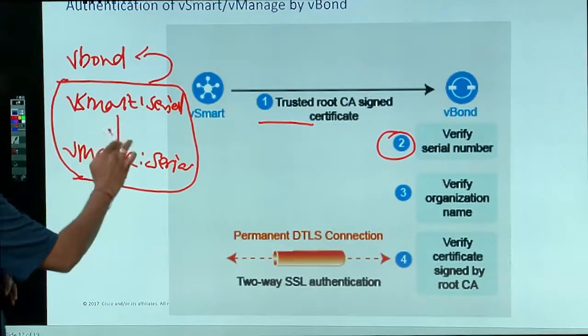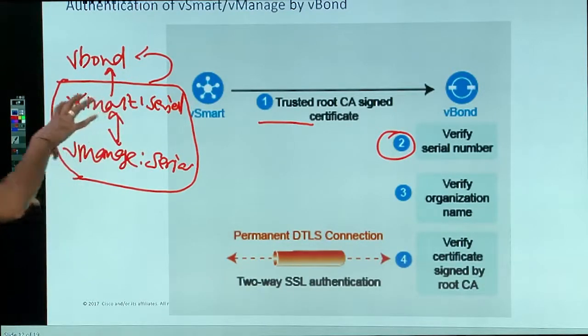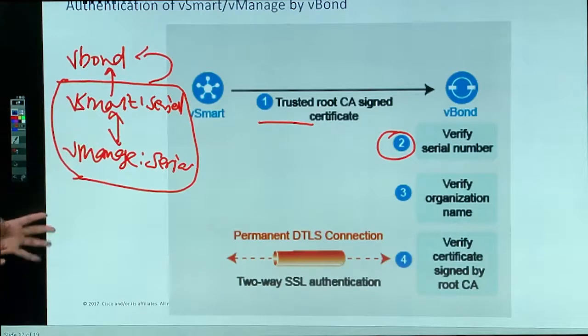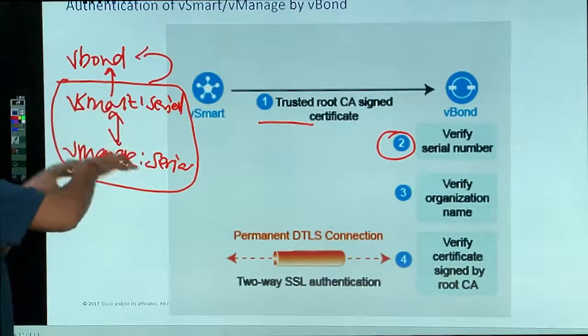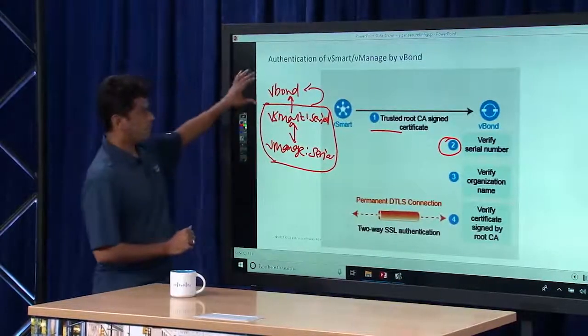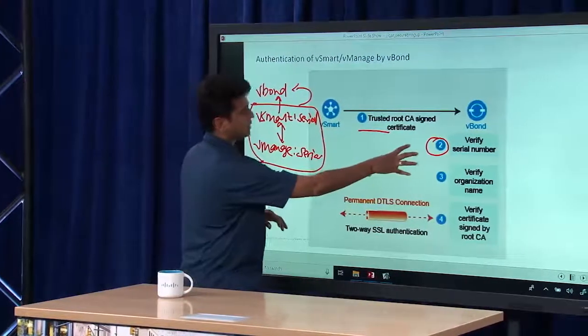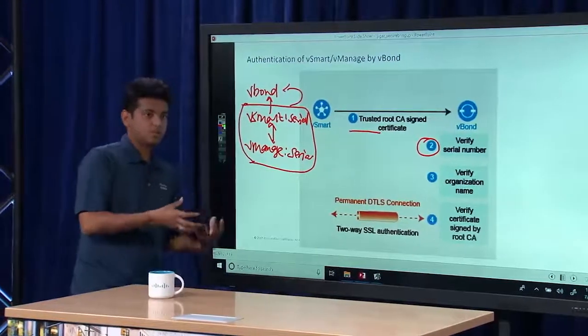So vSmart and vManage have to know the serial numbers of all the vSmarts and all the vManages present in the topology, and the vBond would need to know all the vSmarts and all the vManages present in the topology. So vBond would already know that, hey, these are the serial numbers I should be expecting to connect to.